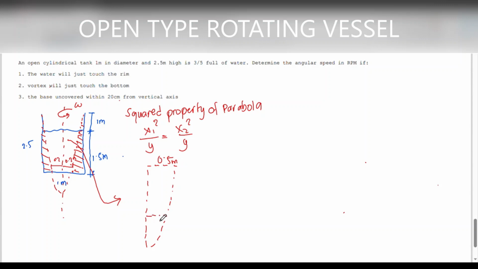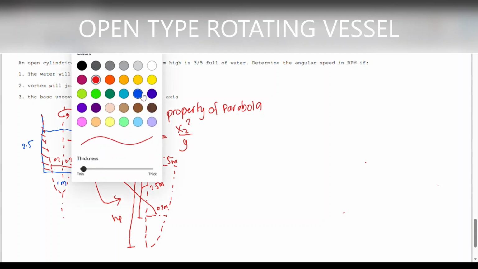Now this one will be the uncovered base, so this will be 0.2 meter. This one is the height of your paraboloid, and this one is the height of your tank, that is equal to 2.5 meter.